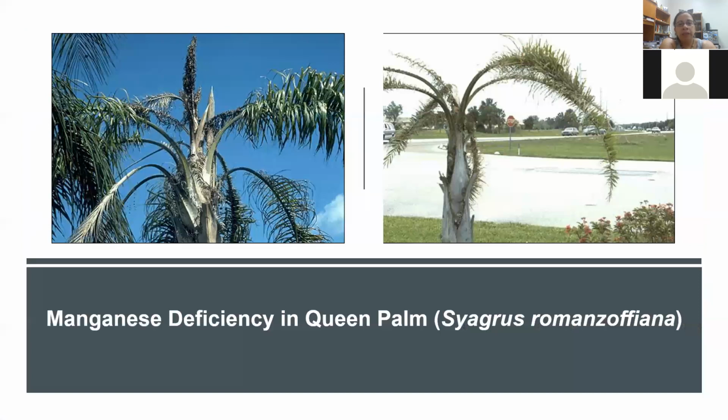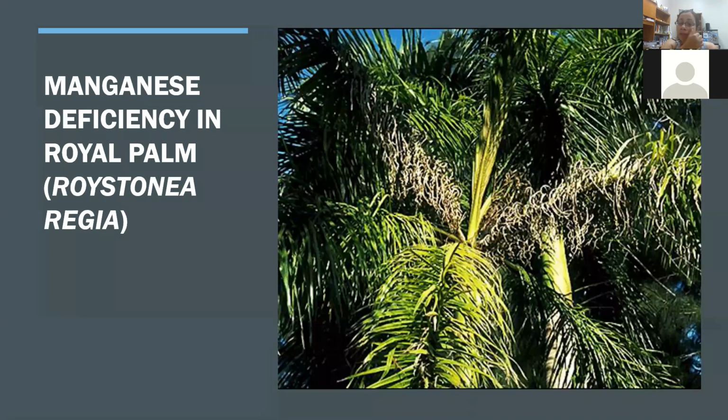So next up is a manganese deficiency. This is shown in a queen palm, and I'm going to show it in a royal palm with a slightly more close-up image next. You can see again that browning and that kind of ribboning effect that's happening to those leaflets. So that's another one of those signs.